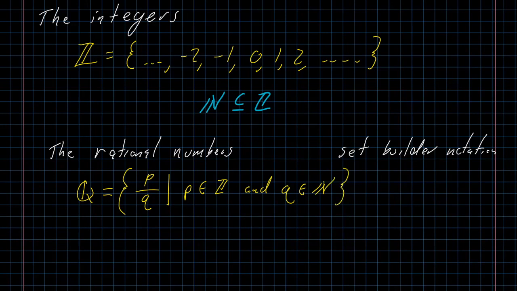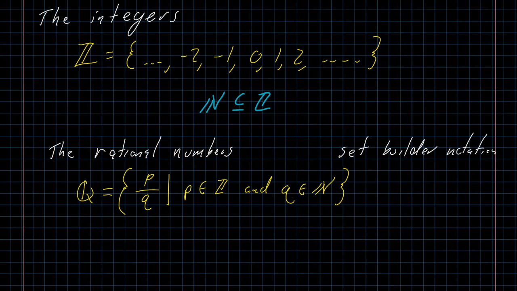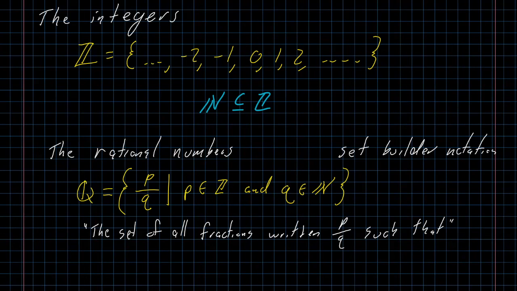And I'm going to insist that p is an element of Z and q is an element of N. This first bit we read as the set of all fractions written p over q such that, and then read the rest: p is an element of Z and q is an element of N.